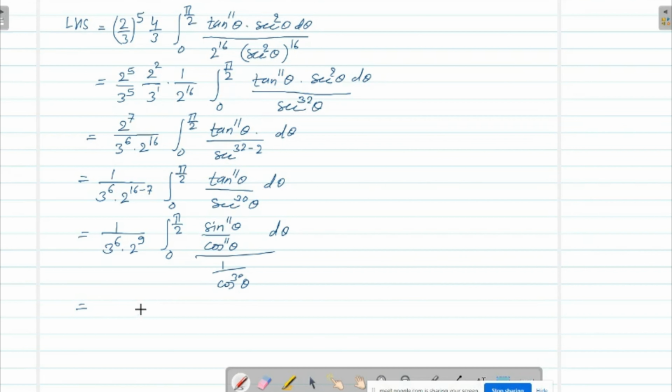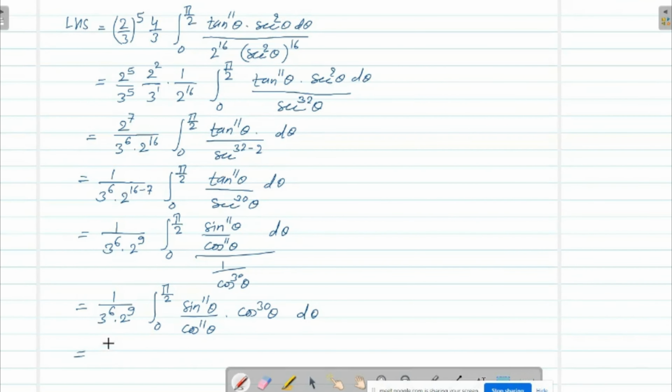So this is equal to 1 upon 3 raised to 6 into 2 raised to 9 and integration with limit 0 to pi by 2. This can be written as sine raised to 11 theta by cos raised to 11 theta into cos raised to 30 theta, d theta.